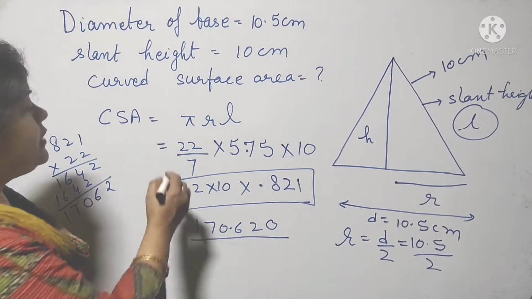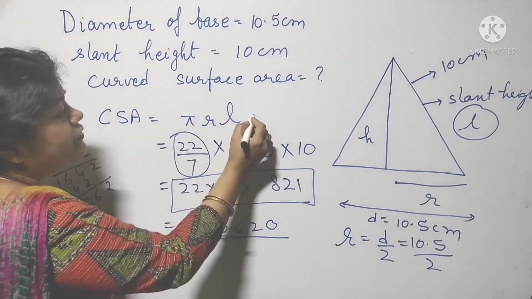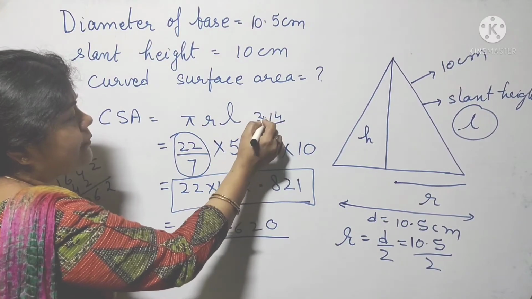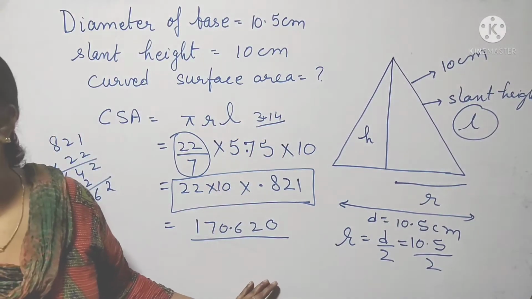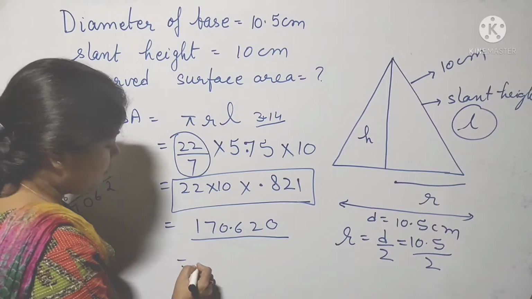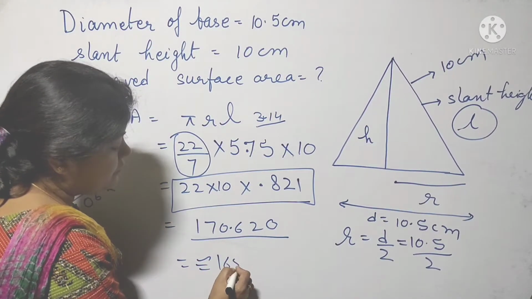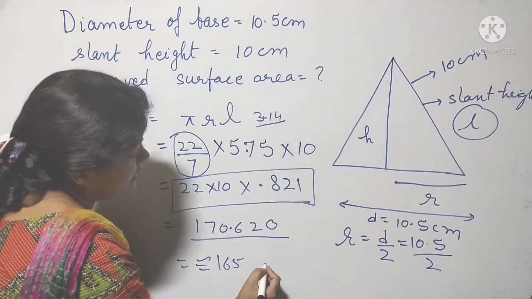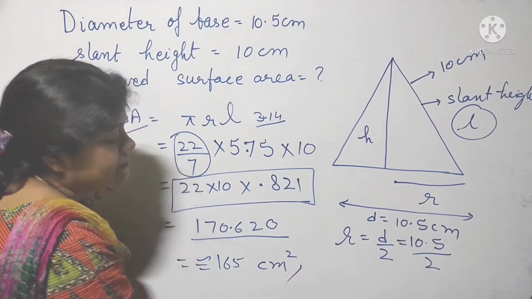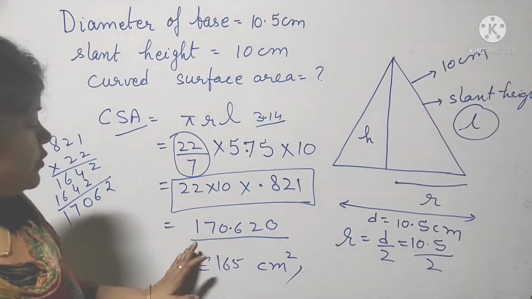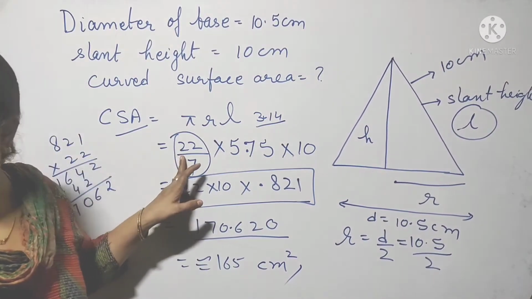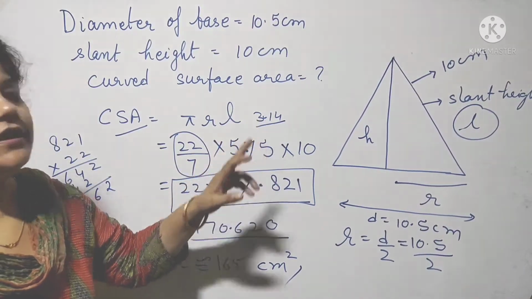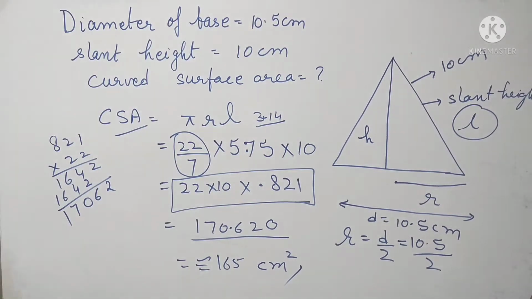If you take 3.14 in place of 22 upon 7, then approximately your answer will match your textbook, that is approximately 165. Now this is curved surface area and this is in centimeter square. So don't bother, you can either take the value of 22 upon 7 or you can take the value of 3.14.